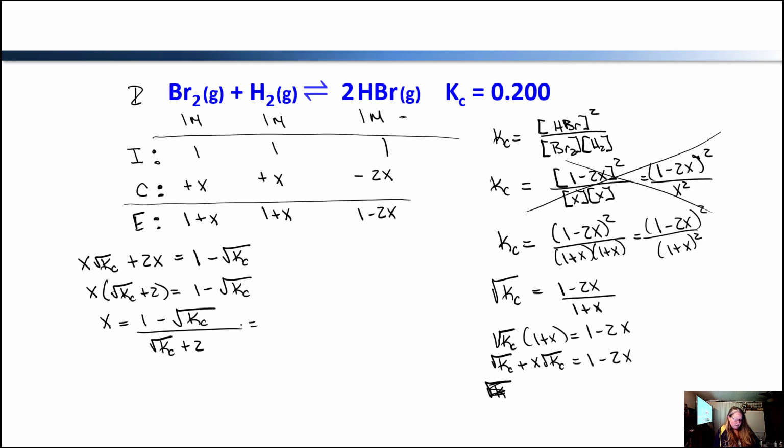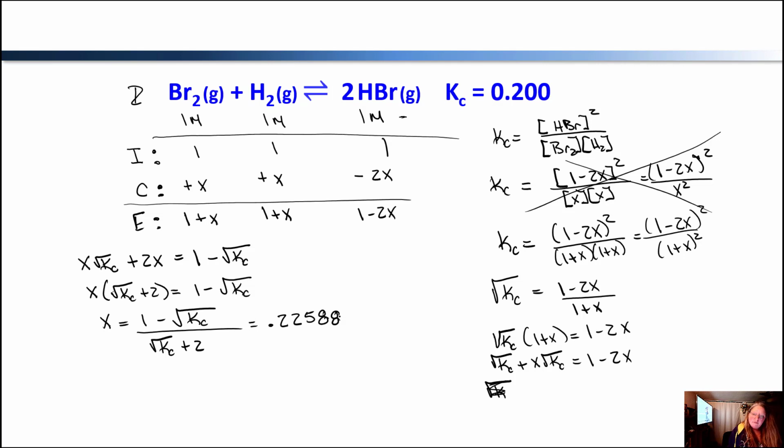1 minus the square root of 0.2, and the square root of 0.2 plus 2. So 1 minus, I'm expecting this to be a pretty small number. 0.225. Oh, okay. Whew. One more. 0.22588.